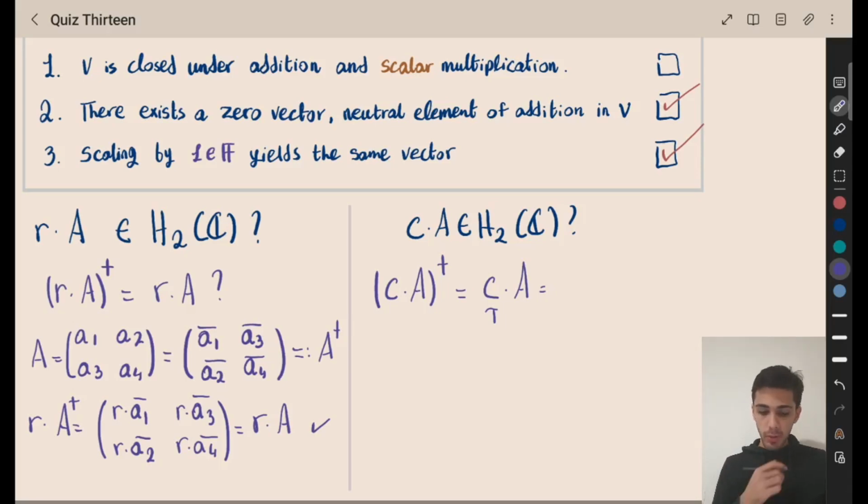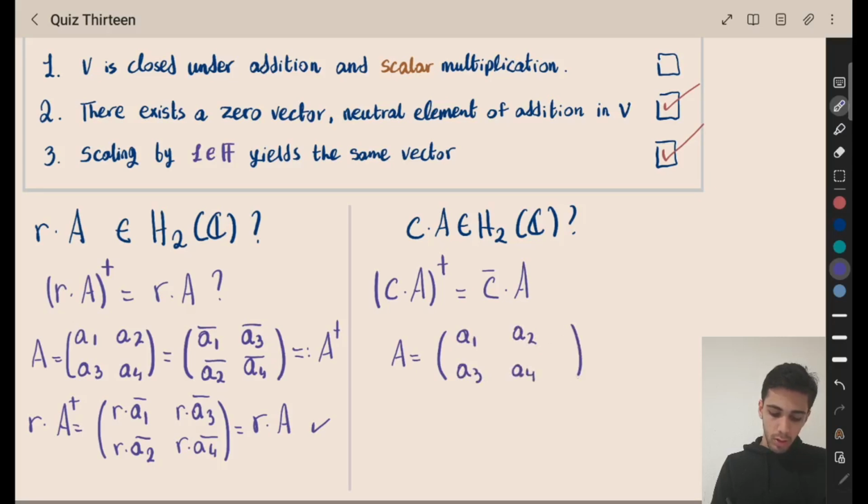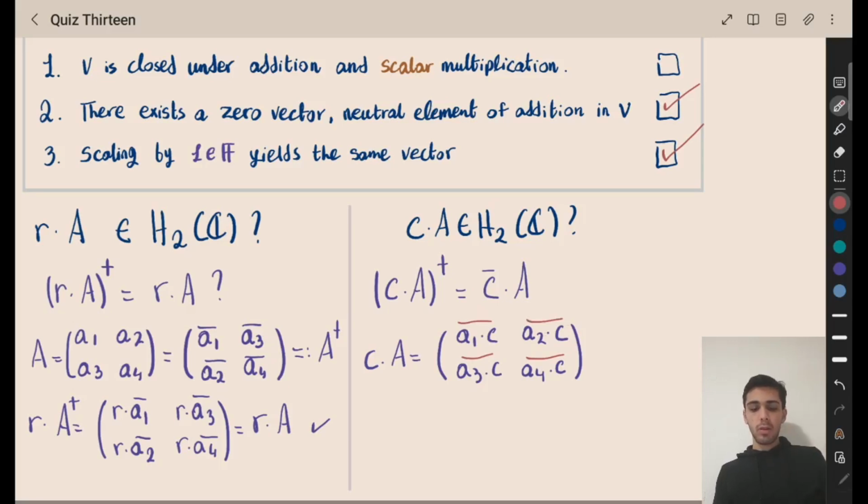When we take a complex coefficient and we take the transpose and then we apply the conjugation, then this will precisely be the conjugate of C, right, times the matrix A. Because if you think about this for a moment, we will be multiplying by C first, and then we would take the complex conjugate and transpose it later.